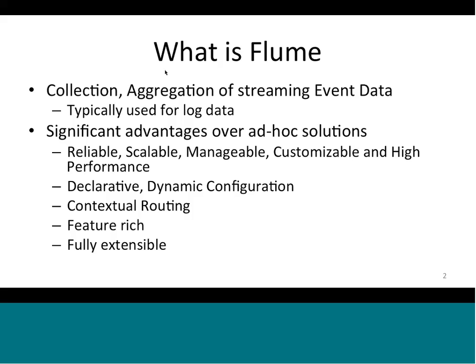By way of configuration files, I can dynamically configure an event to flow in a certain manner depending on some conditions of that event. So there is this contextual routing through dynamic configuration which can achieve this. It is feature rich and it is fully extensible. So you can extend this framework to suit your needs. So that is what Flume is.